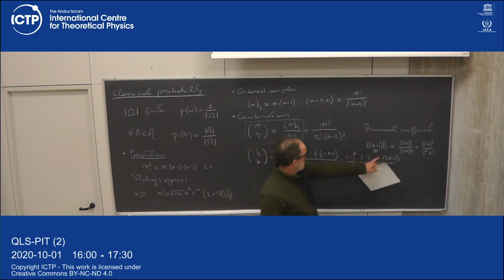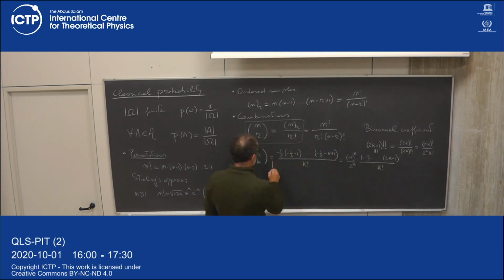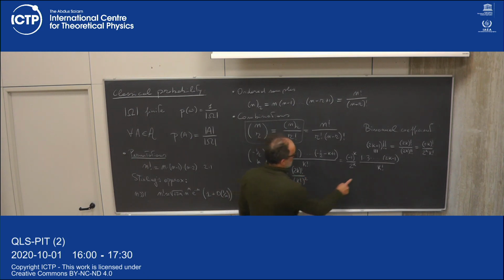So if I use this expression here, what I get is that this is equal to minus 1 to the k divided by 4 to the k times 2k factorial divided by k factorial squared, because there is this one and this one.